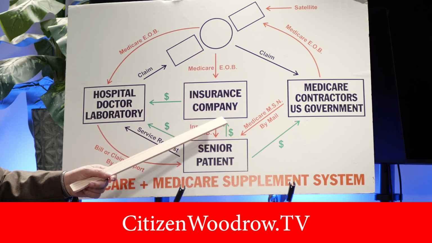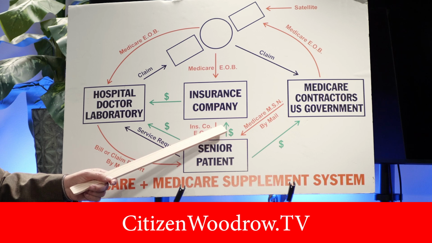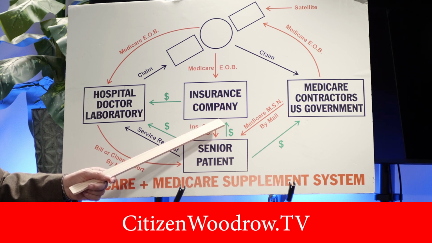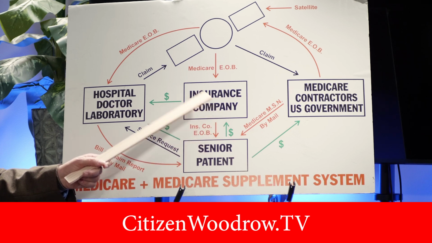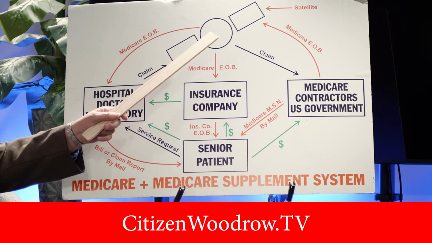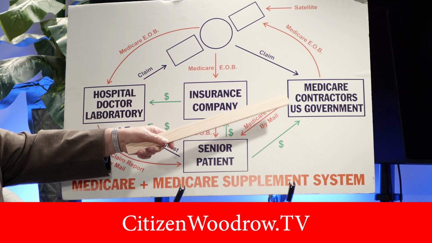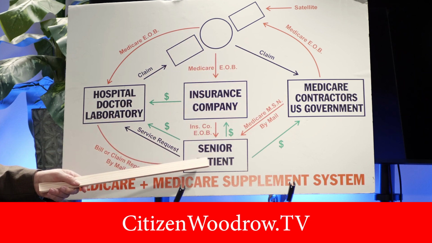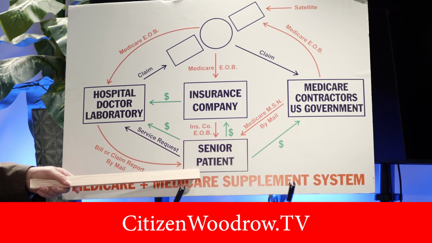The insurance company gets a similar item, explanation of benefits, with the calculation of what the insurance company that has the Medicare supplement insurance policy for the client expected to pay to the doctor, hospital, laboratory, or other medical service provider. But Medicare also sends by mail to the senior citizen what's called a Medicare summary notice.